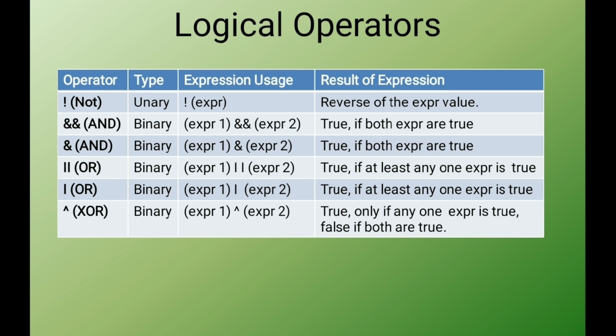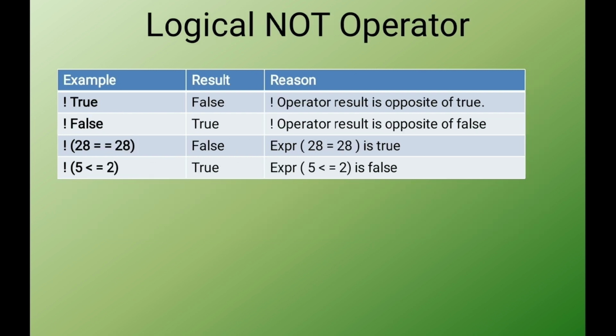And in XOR, the output is true only if exactly one expression is true, and false if both expressions are true. Which means that if both expressions are false, then also the output remains false.